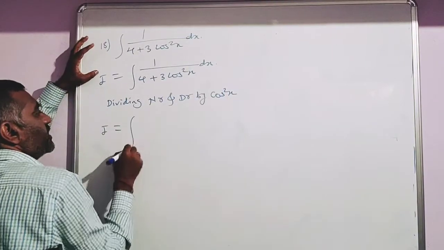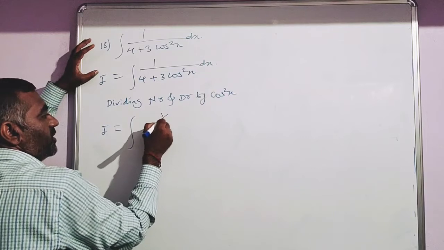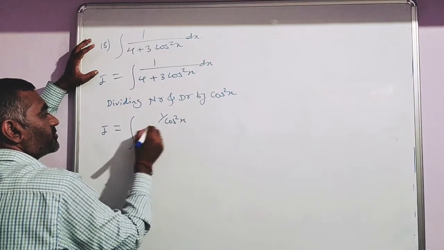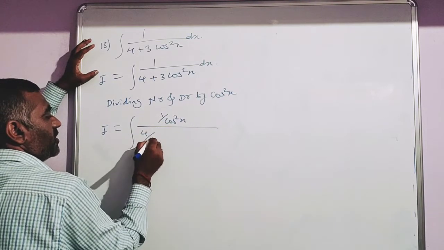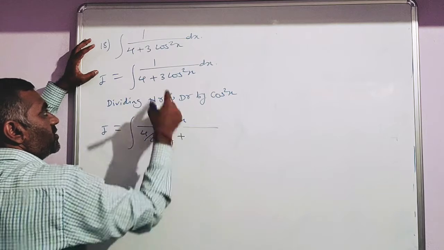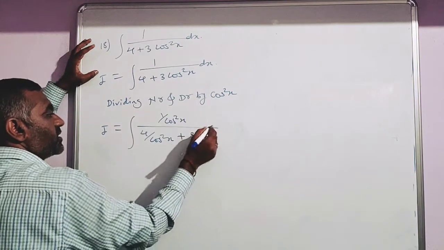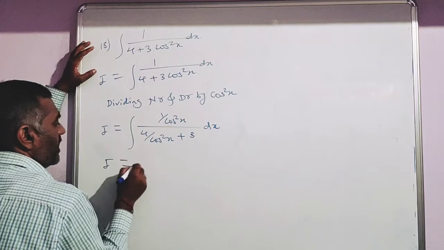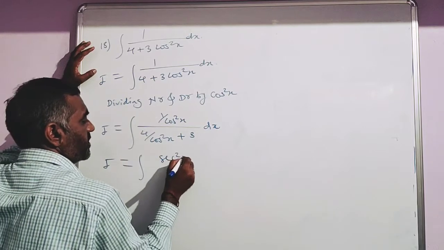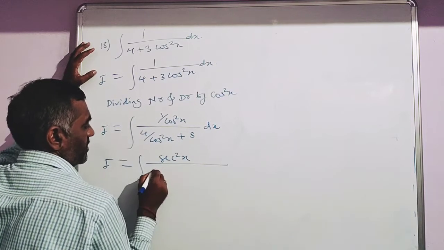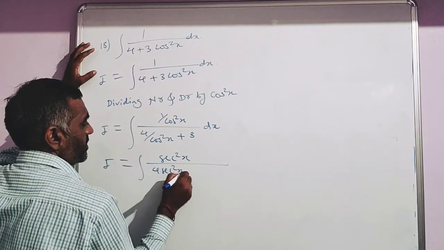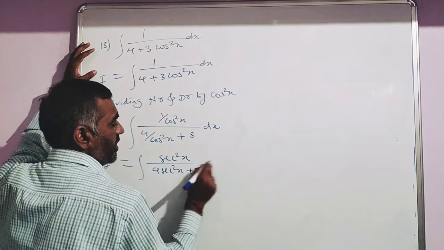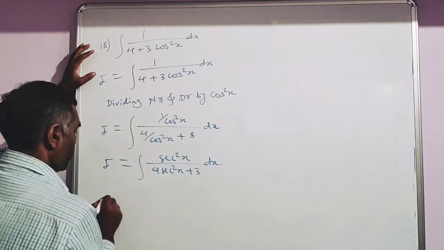I is equal to integration of 1 upon cos square x, 4 upon cos square x plus 3 upon cos square by cos square, that is 3 dx. I is equal to integration of sec square x, 4 sec square x plus 3 dx.